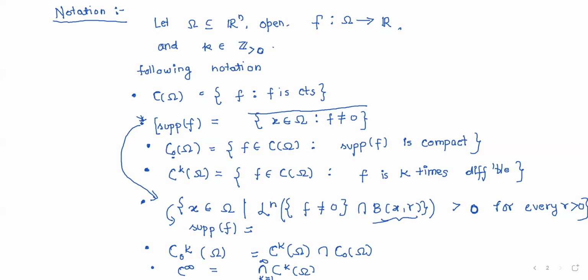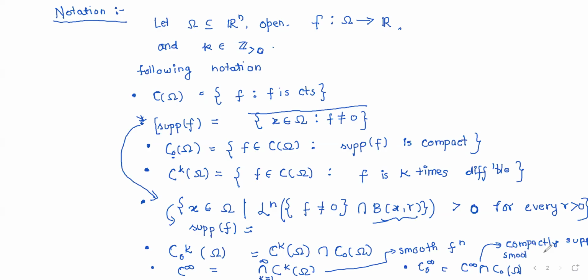We are familiar with C^infinity functions; we say generally these are smooth functions. And the last one is C_0^infinity. This is C^infinity intersection C_0(omega), and this I will say is a compactly supported smooth function or test function.